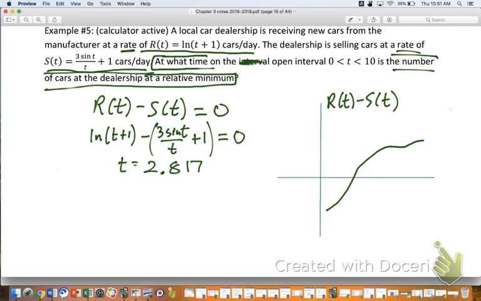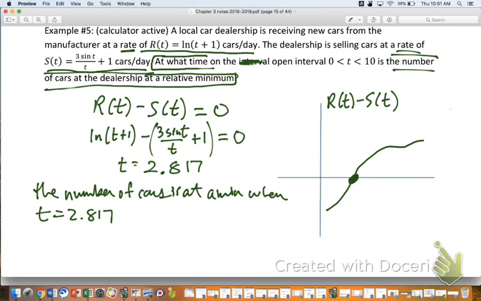Okay, so here's how you finish this. This will come back around to your original question about how to handle this without the C prime. Here's what I would say to justify this, because I've got the graph in front of me. The number of cars is at a minimum when t equals 2.817 because R of 2.817 minus S of 2.817 equals 0.